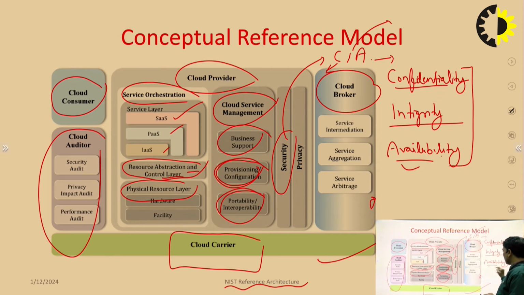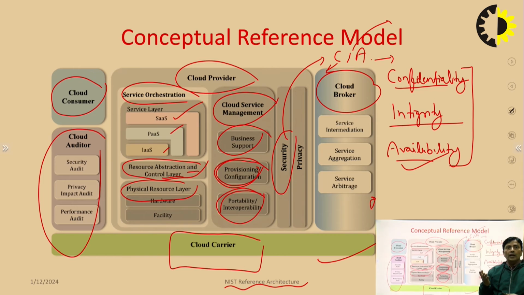And then availability is also a very important parameter, because a number of attacks target this availability itself. Availability means whenever a consumer or end user requires a particular service, it should be readily available. There should not be delay or unreachability. If you are ensuring this, you are ensuring the availability of that resource.